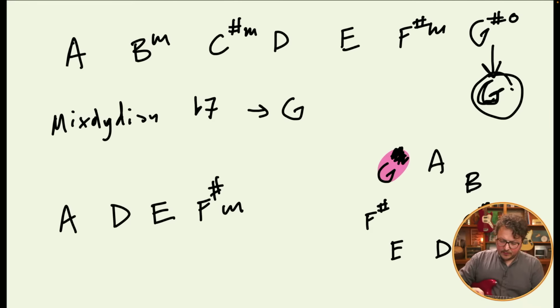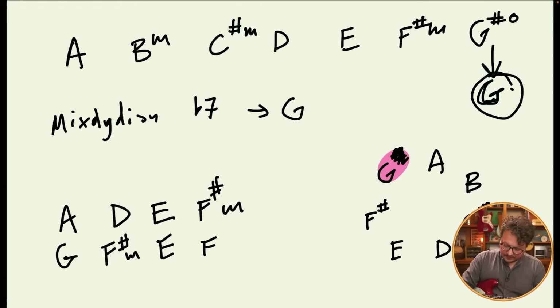Well, if I were to play this afterward, G, F sharp, E, something like this, it's going to sound cool and nice because we're borrowing that G from Mixolydian mode without thinking, oh, I'm going to switch my whole thing to Mixolydian. It's just like, well, yeah, Mixolydian is a major mode. We're just going to steal a chord.